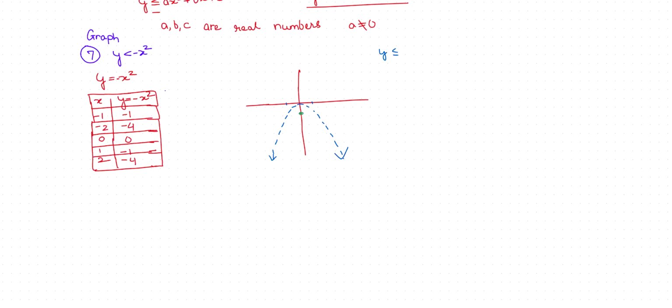And let's check whether it is part of the solution of the inequality or not. So if we put x as 0 and y as negative 1, then negative 1 is less than 0. This is true. It means this point is the solution of the inequality. So we can shade this part, meaning the region inside the parabola is the solution of the inequality.